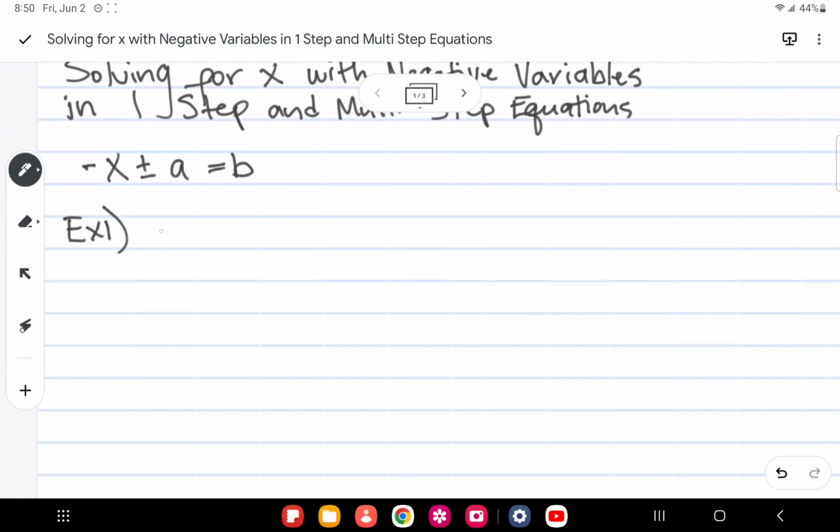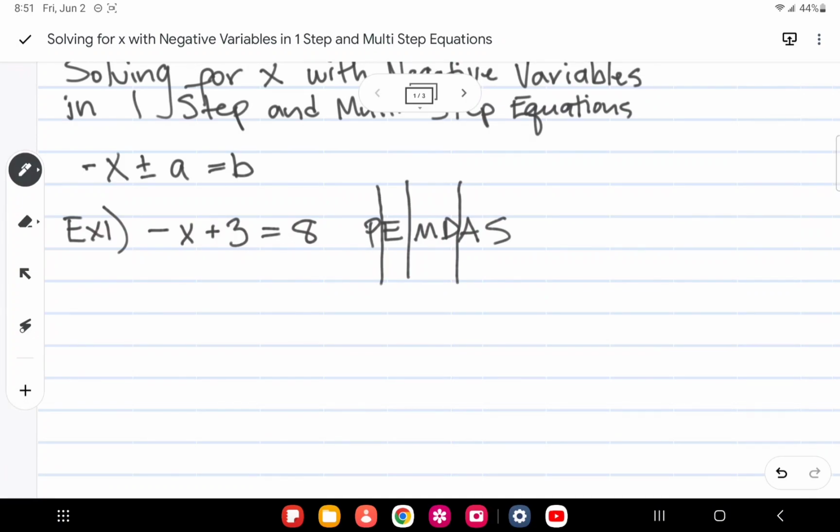Okay, so let's say we have negative x plus 3 equals 8. Just for reference, I'm going to write down PEMDAS to the right over here. Remember, PEMDAS: P for parentheses, E for exponent, M for multiplication, D for division, A for addition, S for subtraction, in which P is in its own category, multiplication and division are in the same area, and addition and subtraction are in the same area as well.